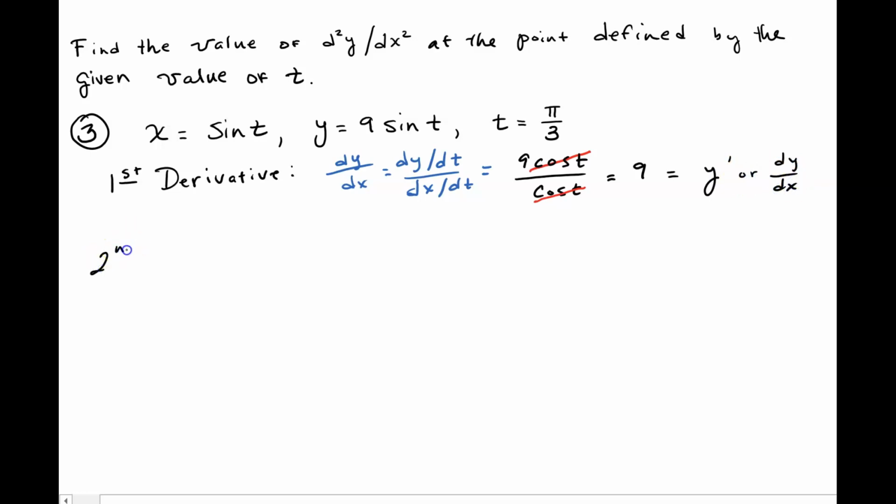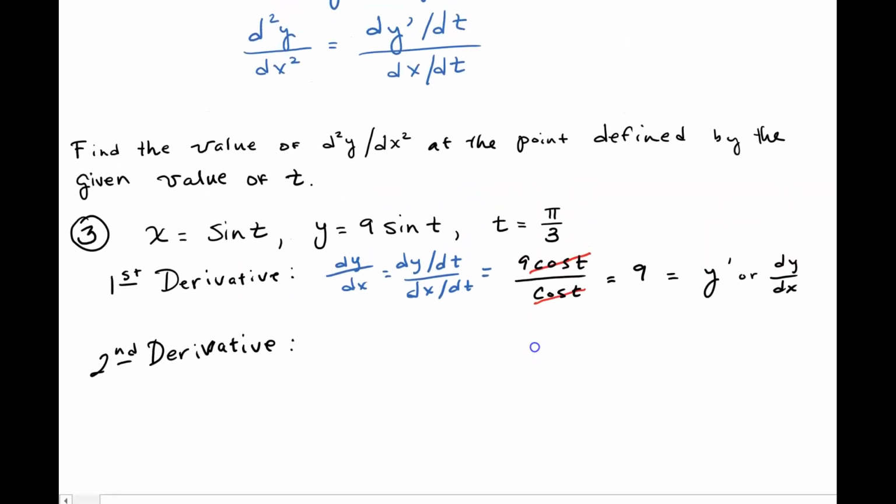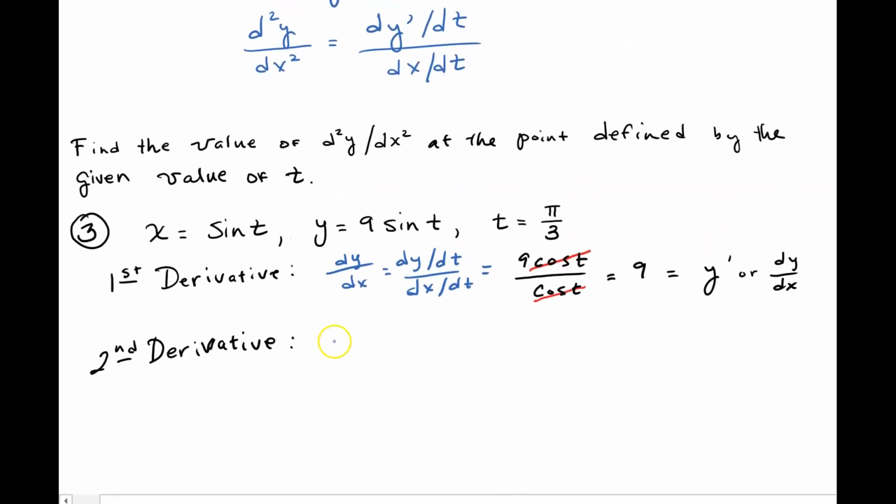Now, the second derivative, you probably already saw what it is, but let's go ahead and apply the formula. For d2y/dx2, it's going to be d(y prime)/dt over dx/dt.